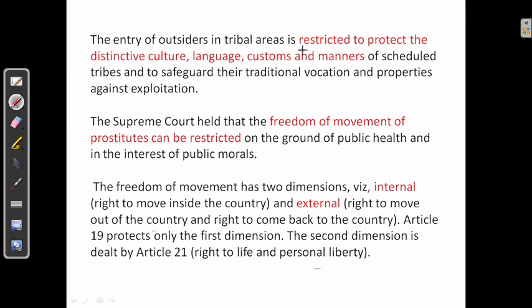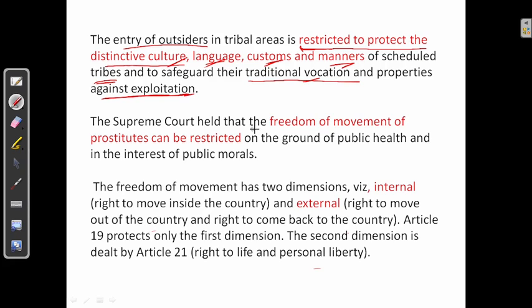The entry of outsiders in tribal areas is restricted to protect the distinctive culture, language, customs, and manners of scheduled tribes and to safeguard their traditional vocation and properties against exploitation.